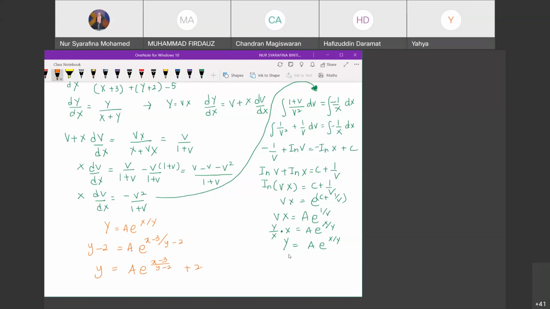Okay, any question? Doctor, I got a question. For x dv/dx equals negative v squared over 1 plus v, if I bring along the negative sign to the left hand side, is it okay? No problem, I will also get the same answer, maybe different in terms of sign.